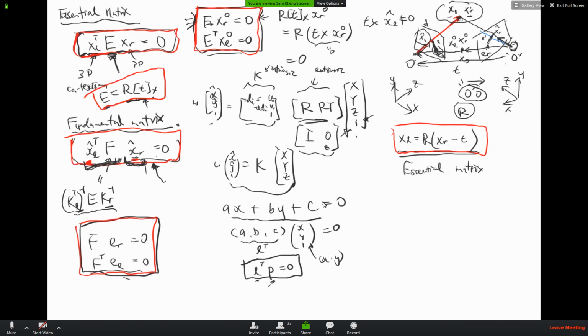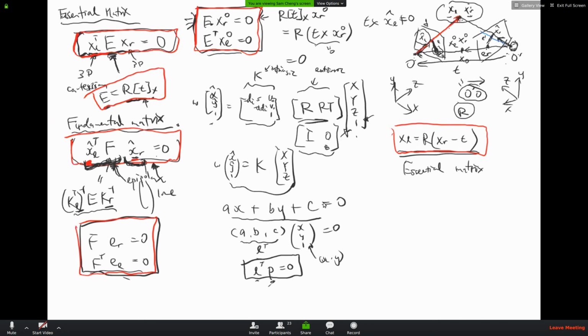So I can think of XL transpose F as actually a line. This is a line representation because when you multiply it out it gives you three numbers, and these three numbers are basically this a, b, c here. This point will be on this line. So actually this is my epipolar line.